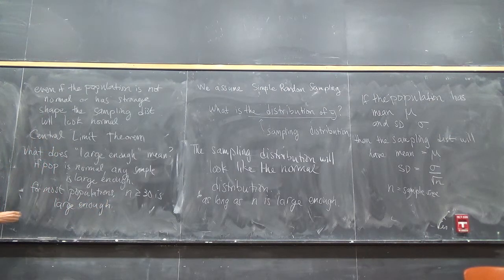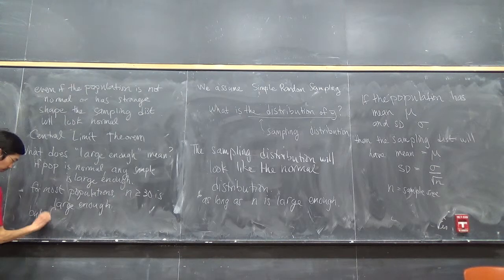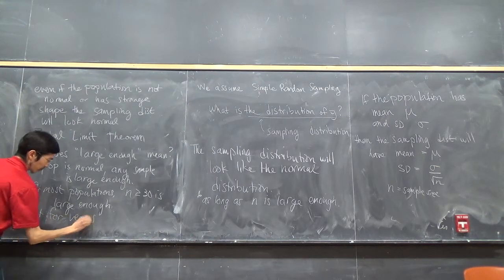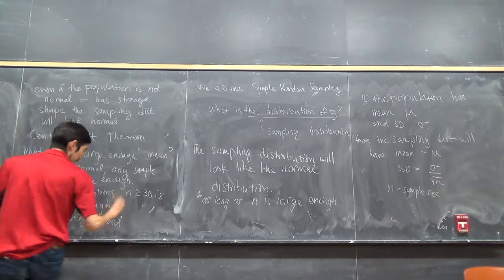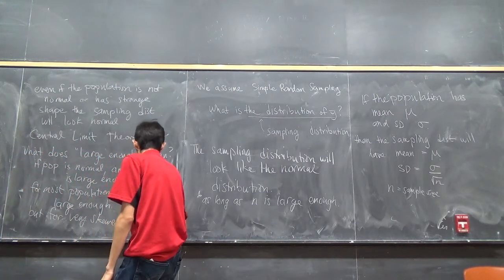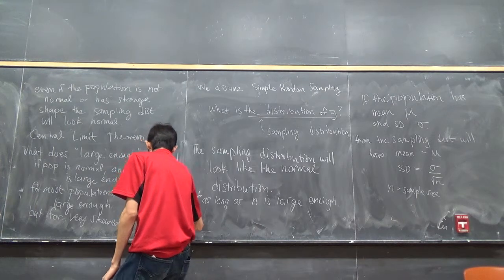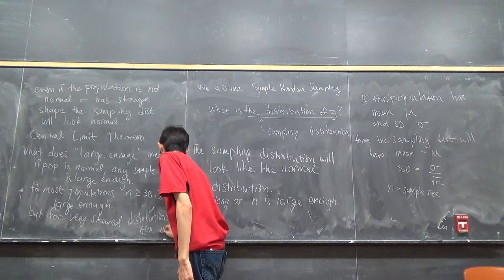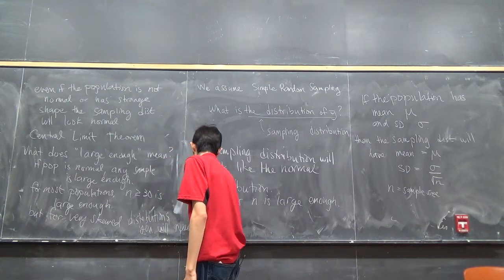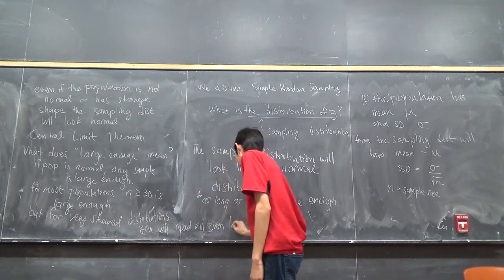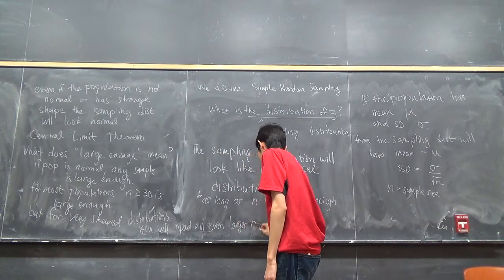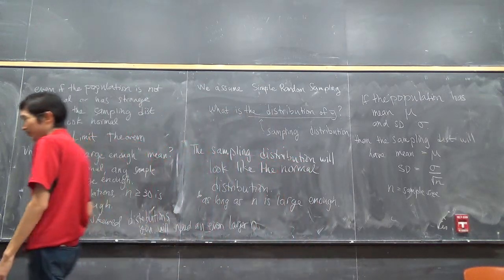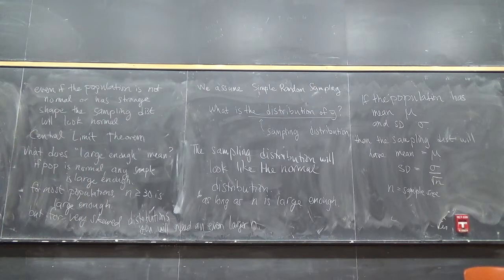But for very skewed distributions, you will need an even larger n. And there's no upper bound to what size you will need.